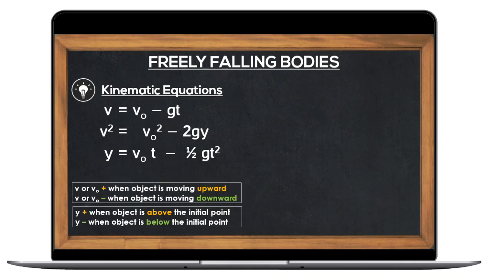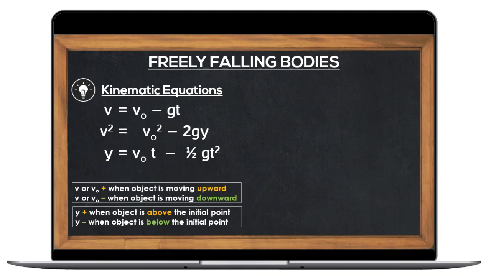And when the value of y is positive, it denotes that the second position or the final position is above the initial point. When y is negative, the object is below the initial point. So these concepts should be remembered. Okay?